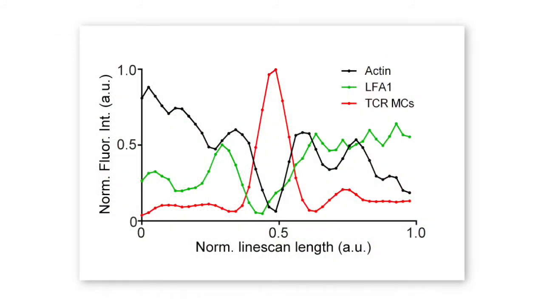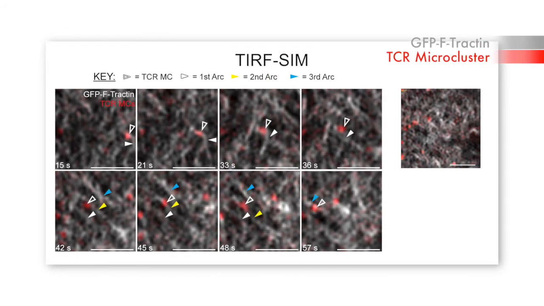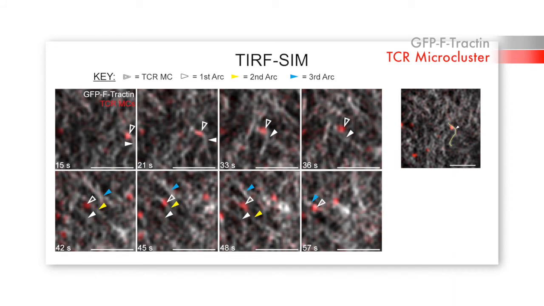And what we saw from a statistical analysis of many images is that on average, there's an actin arc, which is decorated with myosin 2 and with the open active LFA, and then in between that arc and the next arc is the microcluster. These static images suggested that T-cell receptor microclusters might be swept towards the center of the synapse as the actomyosin arcs contract and move inwards.